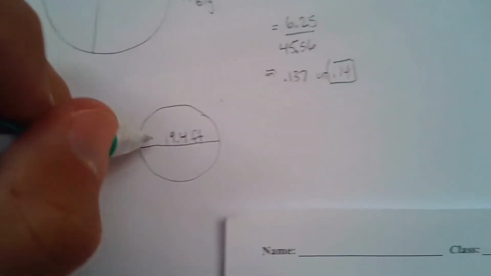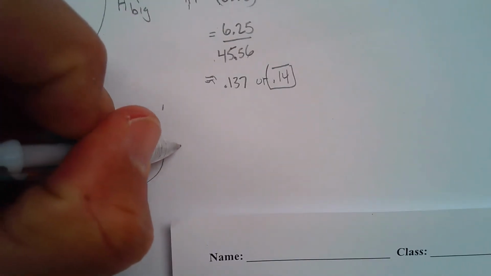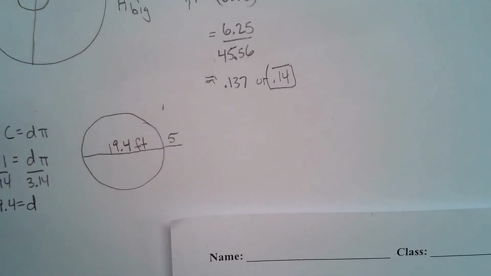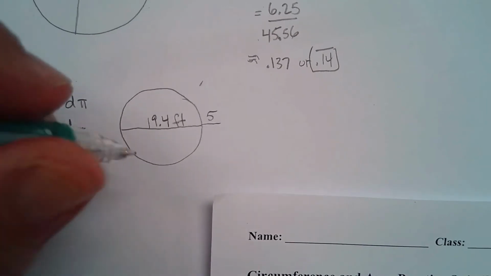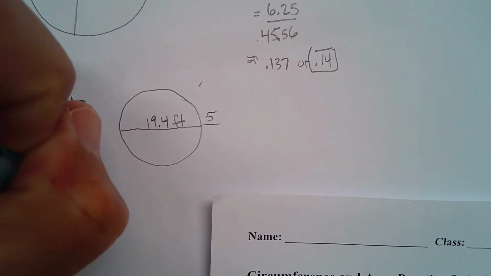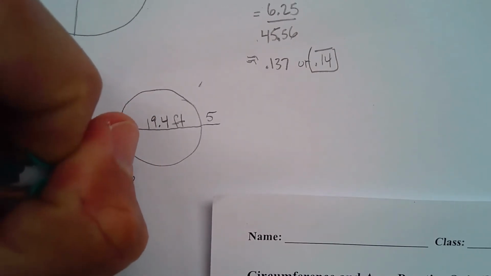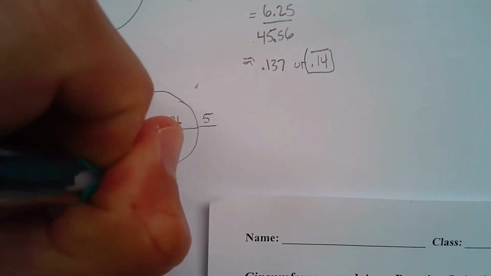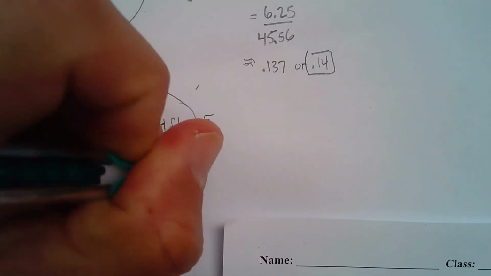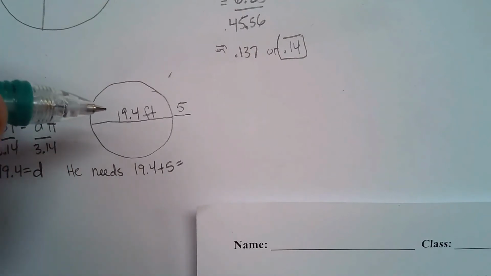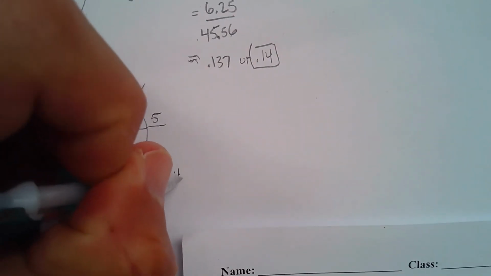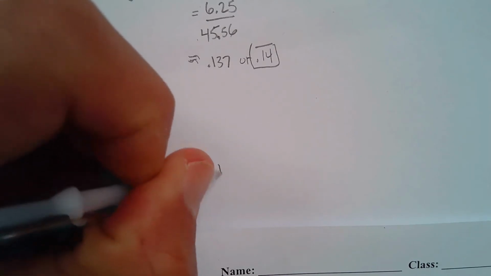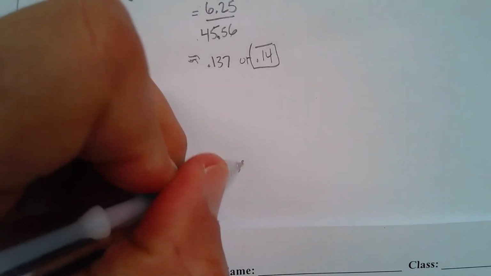So he needs 19.4 plus 5 more feet, so we'll add. 19.4 plus 5 is 24.4 feet of rope.